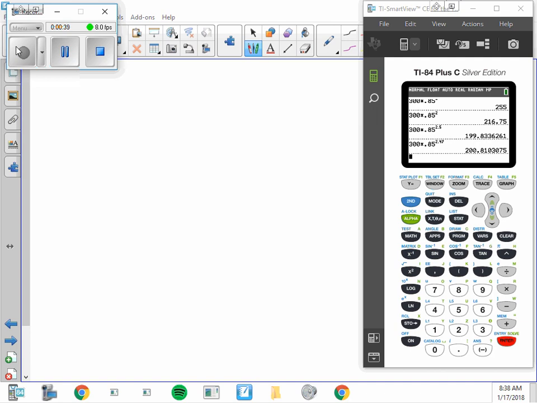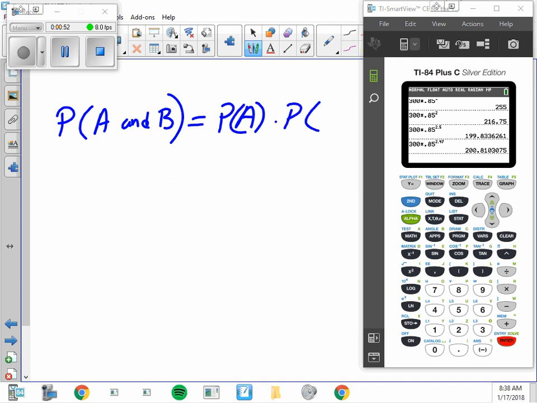And in statistics notation, we say this: the probability of A and B is simply the probability of A times the probability of B. And that's only true when the events are independent.